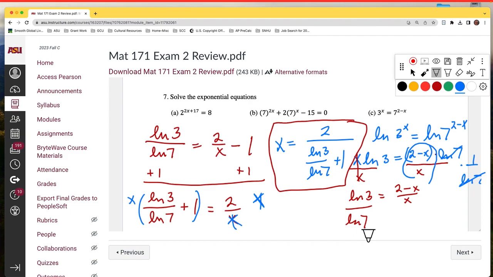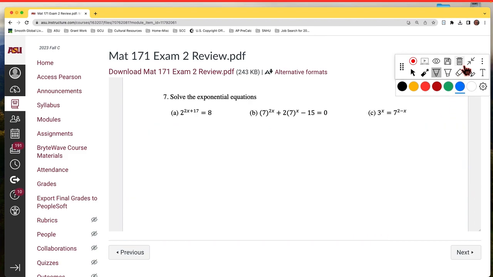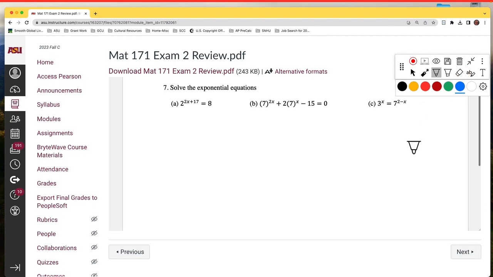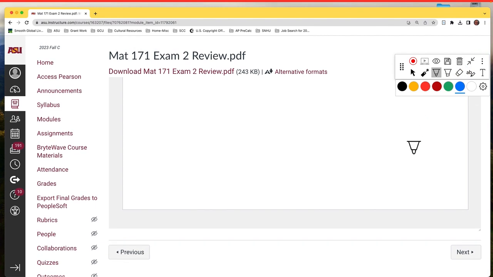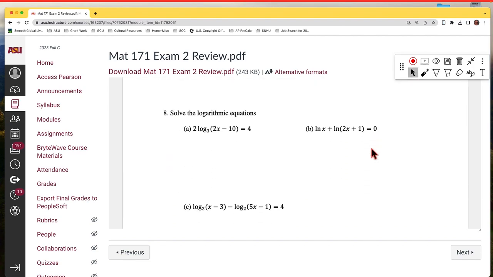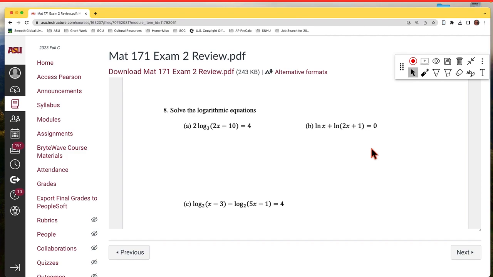Other questions? All right. Let me clear this out. So I just want to go over, so there'll be these logarithmic type equations as well. So solve exponentials like we just did. That I definitely want to do that one with the quadratic.